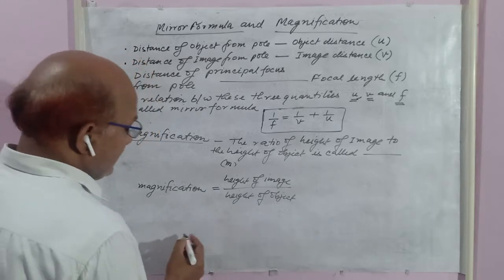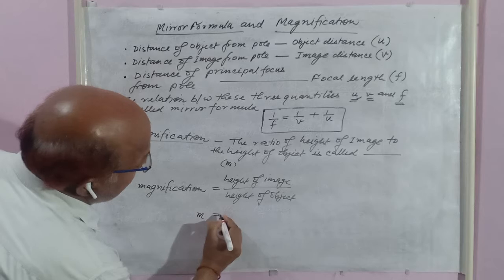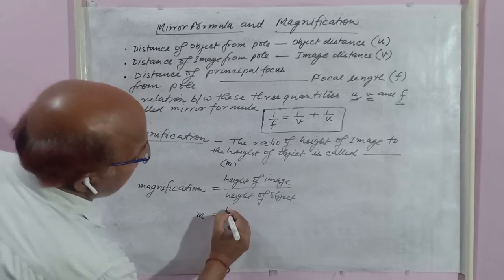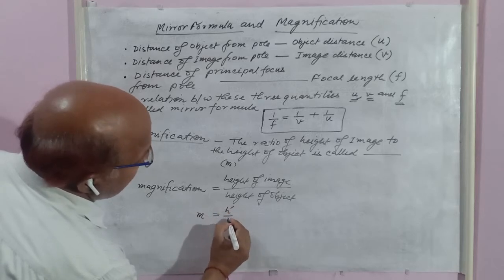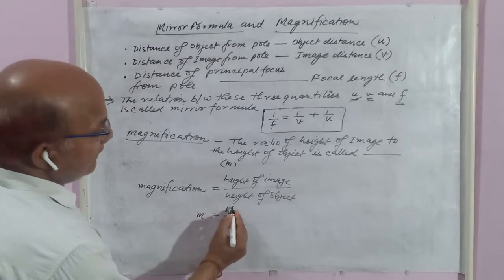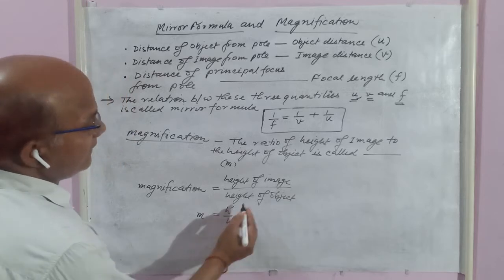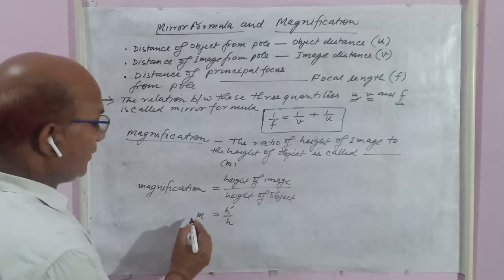We can write it like this: M equal to H dash upon H, where M means magnification, H dash is height of image, and H is height of object.